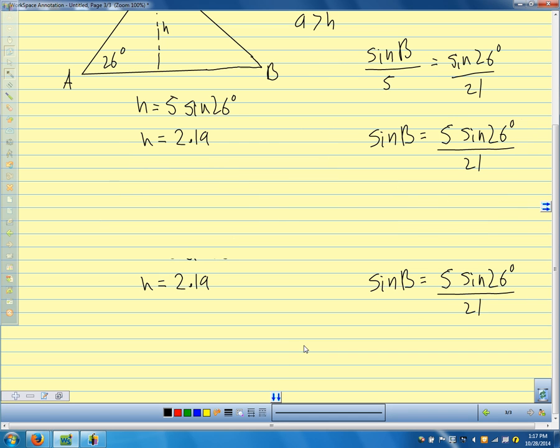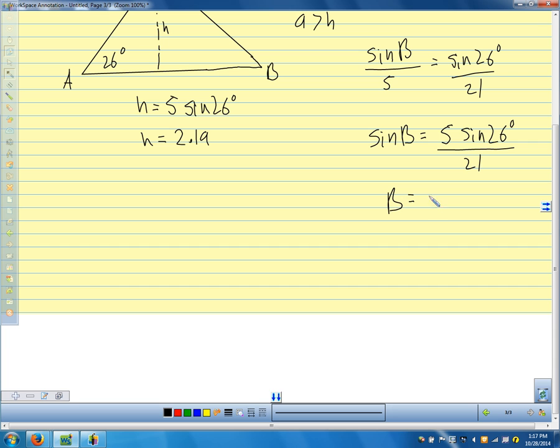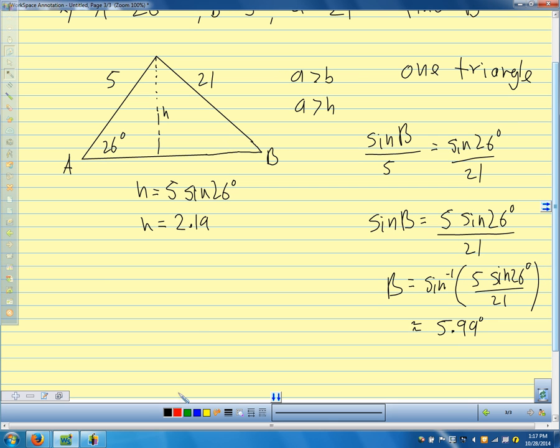And in my calculator, I would say B is the inverse sine of this whole thing. Plug that in my calculator. You can plug it in just like this as long as you're in degree mode, and I would get that B is about 5.99 degrees. And then if the problem said solve the triangle, I could then find angle C, and I could find side C.